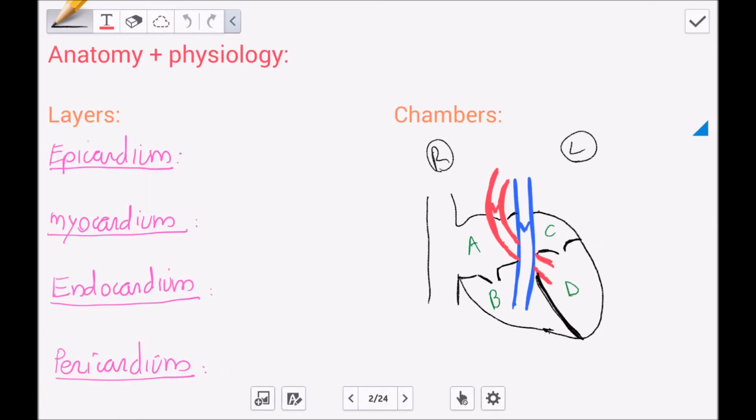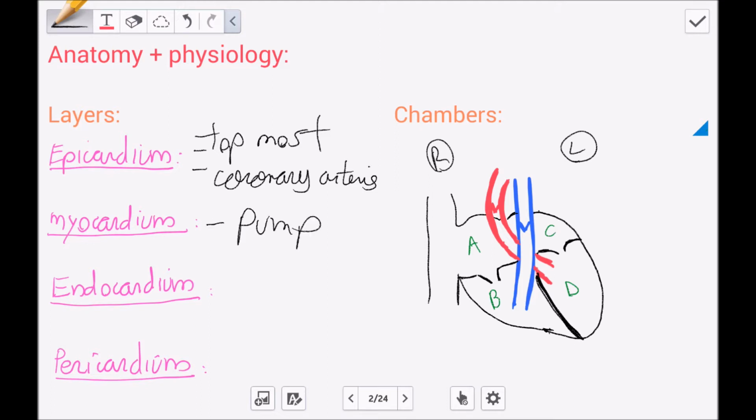So the heart is a pump located behind the sternum, has 4 layers. The topmost layer is the epicardium, and this layer houses the coronary arteries as well. The next layer below it is the myocardium, and this is where all the action happens.